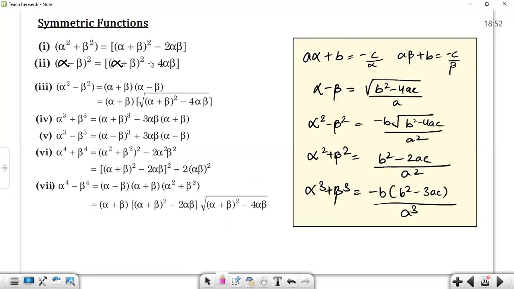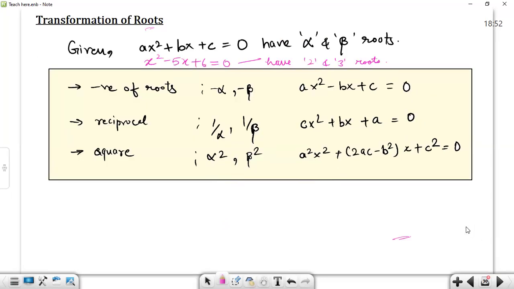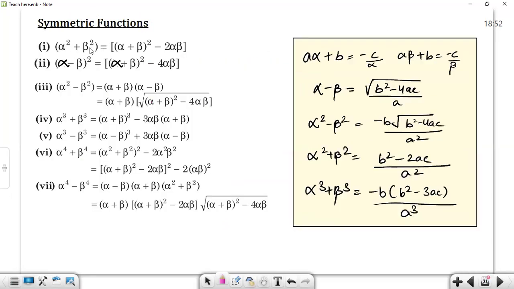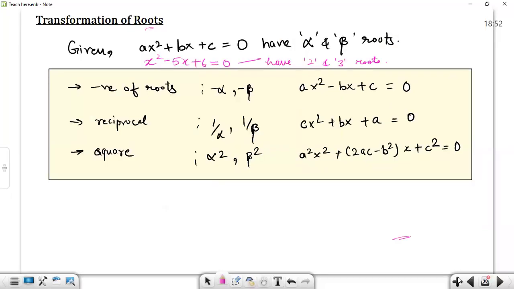Now, symmetric functions are simply driven by identities that we can write: alpha square plus beta square like this, alpha minus beta square like this. So what's the concept behind it? The concept is, what do we know about a quadratic equation?